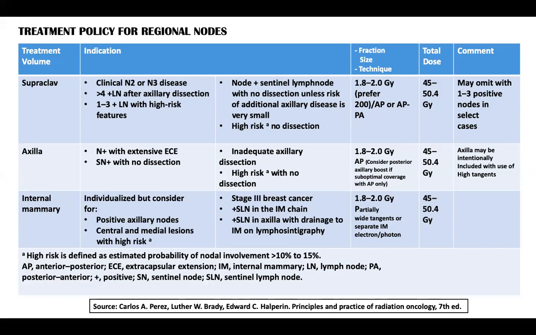Just one point to mention: even though the book teaching is that nodal burden with extensive extracapsular extension is an indication for axillary radiation, it is not practiced everywhere routinely, because the experts say that most likely these patients are going to recur systemically rather than locally before it comes to the axillary region.